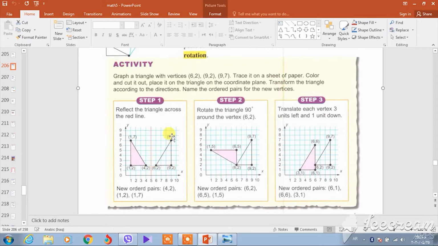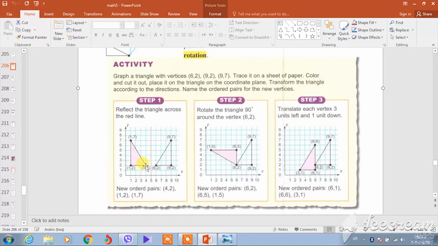If you have a figure, you can identify new ordered pairs. I give you the new ordered pairs and you identify the type of the transformation. In the new ordered pairs we have (4, 2), (1, 2), (1, 7). For (4, 2), in the x-axis we have 4, in the y-axis we have 2.